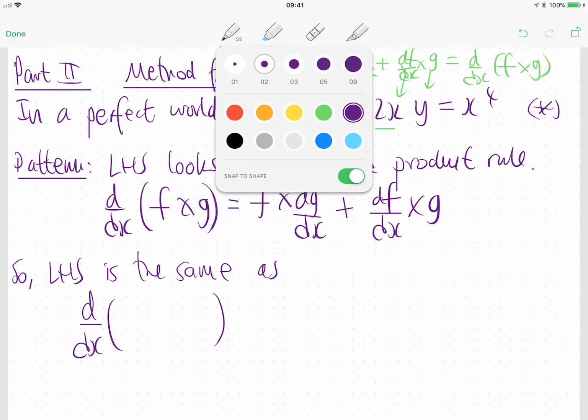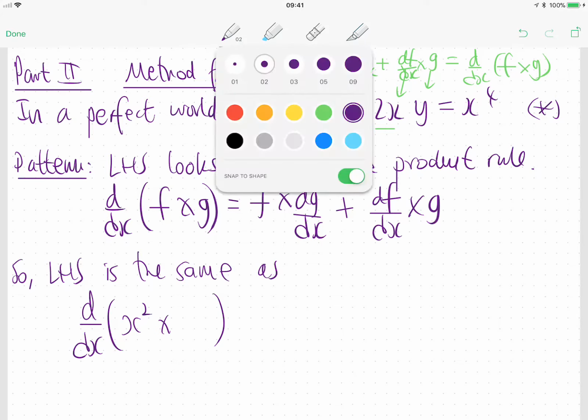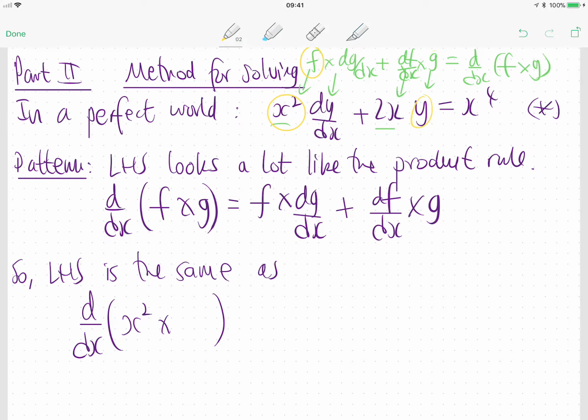If I just look at my labels here, f is x squared and g is y. So the left hand side is differentiate x squared times y, and the right hand side can just stay as it is. It's just x to the power 4.